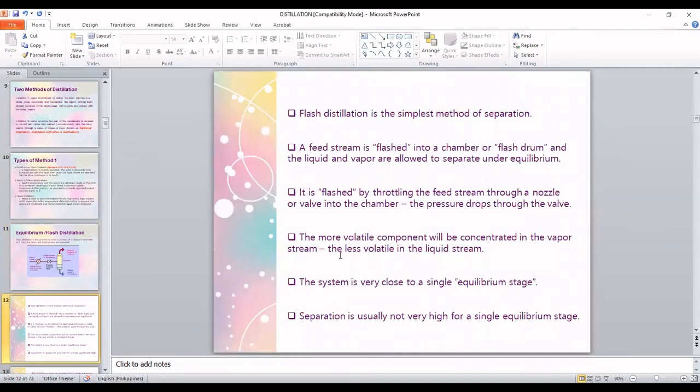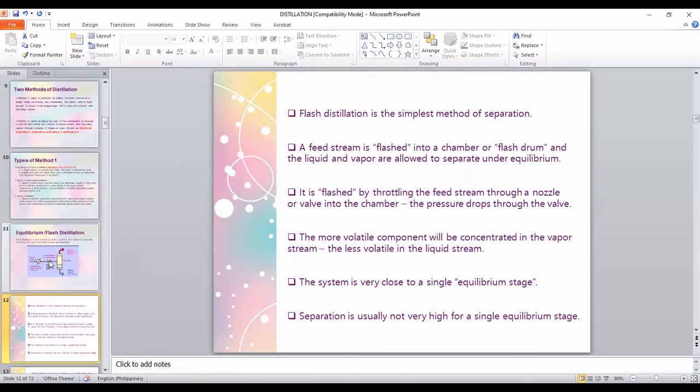Now, the more volatile component here will be concentrated in the vapor stream, the less volatile in the liquid stream. Now, in this flashing process, it is flashed by throttling the feed stream through a nozzle or valve into the chamber. The pressure drops through the valve. So I think you have already encountered this process of throttling in one of your unit operation subjects, I think, if I'm not mistaken, in your transport phenomena.